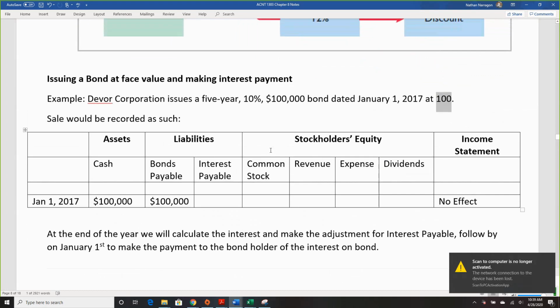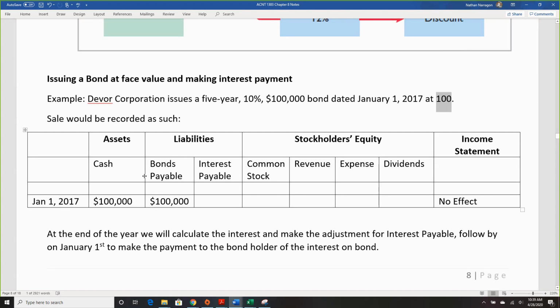So, first off, the issuing of the bond. Basically, we get cash, so we have 100K coming into us for this bond. The investor paid it. And again, we're going to owe this bond later in its life when it finally matures.